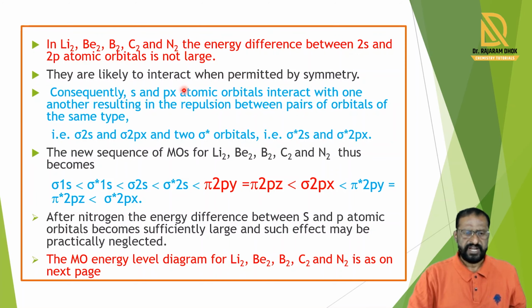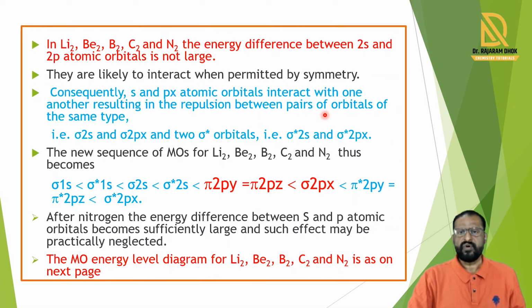So we say that these two atomic orbitals s and p interact, and they have permitted symmetry. So consequently the s and px atomic orbital interact with one another and result in the repulsion between pairs of orbitals of the same type.